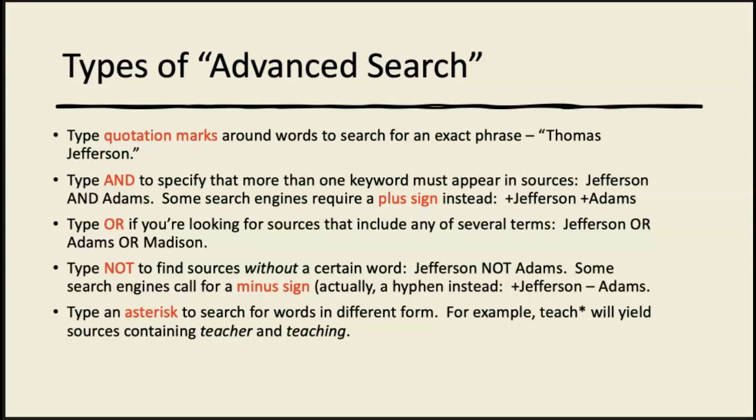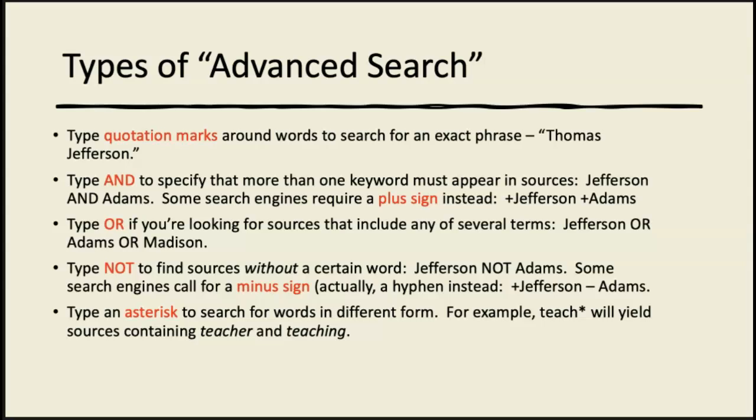So you can use that formula: Jefferson, because I do want Jefferson, the word NOT, all caps, and then Adams, because I want Jefferson, but I do not want Adams. And again, some search engines call for a minus sign instead of the word NOT. That minus sign is actually what we know as a hyphen. So you can say plus Jefferson minus Adams, or hyphen Adams.